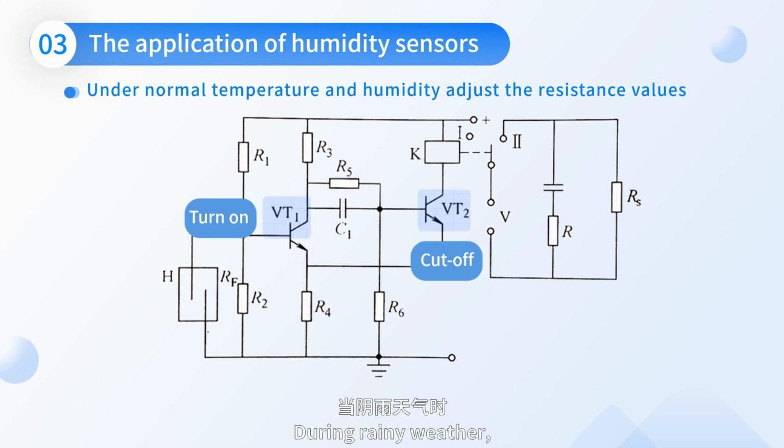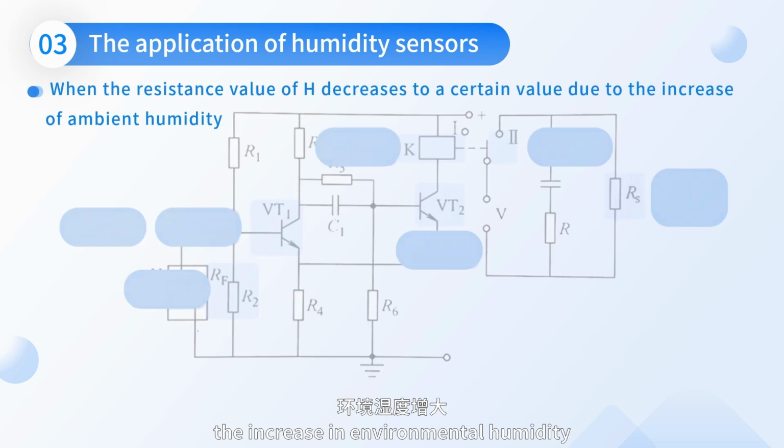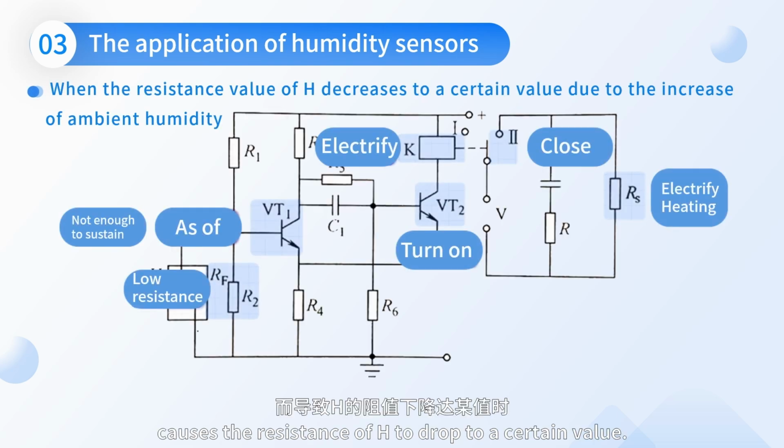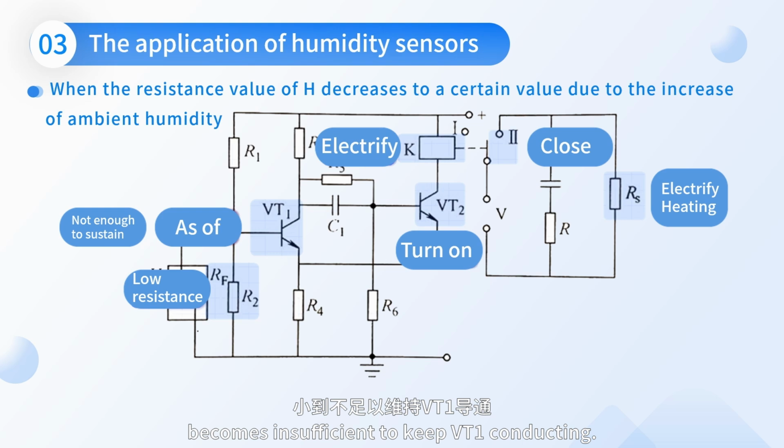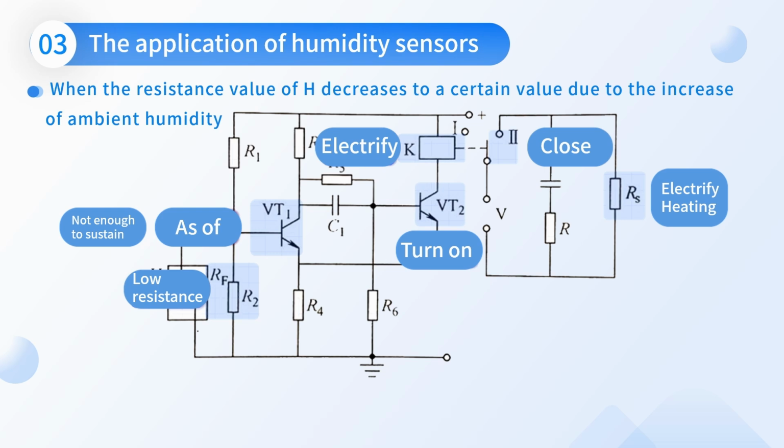During rainy weather, the increase in environmental humidity causes the resistance of H to drop to a certain value. At this point, the parallel resistance of RF and R2 becomes insufficient to keep VT1 conducting. VT1 cuts off, allowing VT2 to conduct.